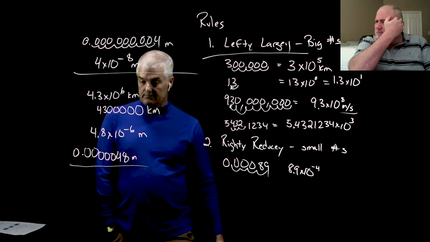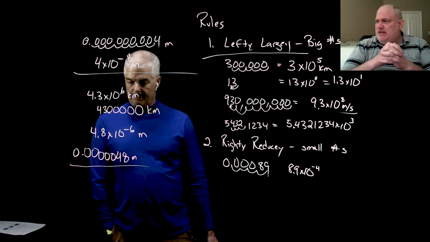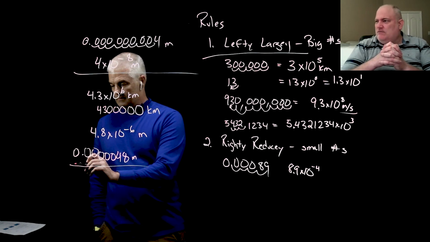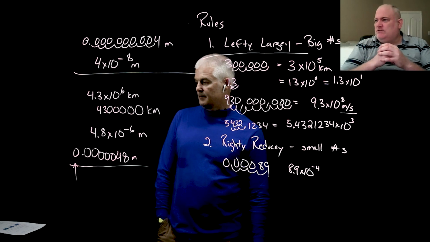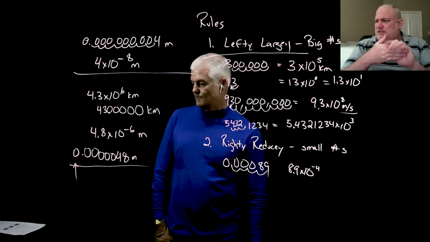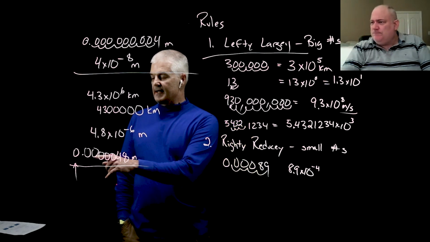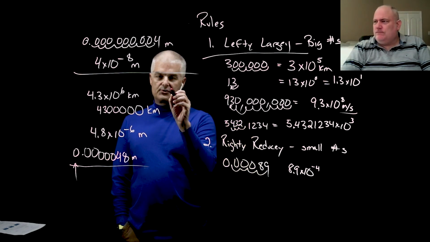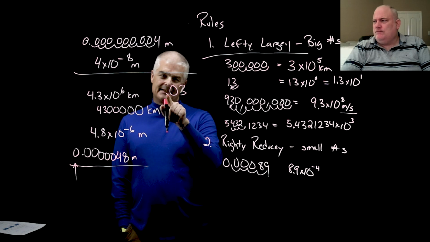Mr. Bergman, you mentioned a couple of times how we always want to have just one number to the left of the decimal whenever we're writing. We sometimes call that good form, at least I do. So if you ever hear us say write it in good form, it just means we want you to shift the decimal place so there is only one number to the left of it. The reason I do that, my old high school chemistry teacher taught me this, is that sometimes it's not easy to see 0.03 and you just see 0.3.